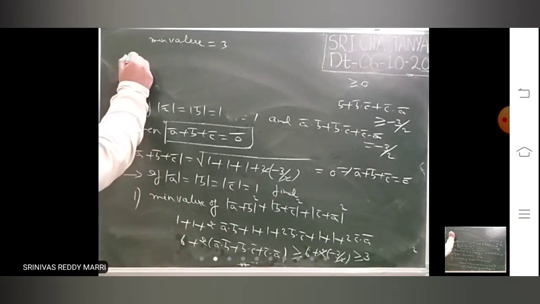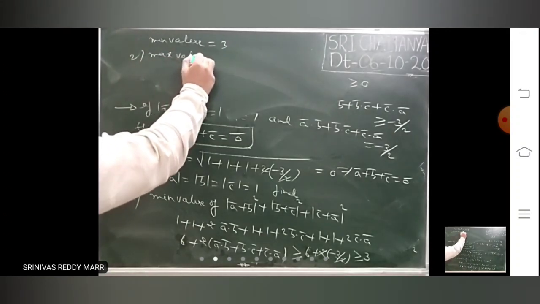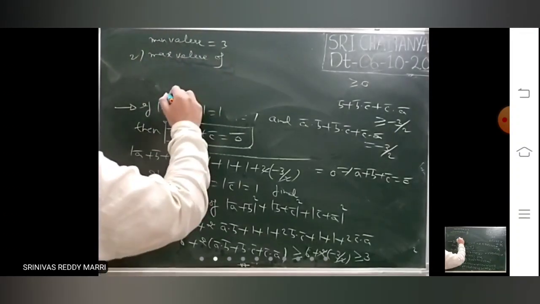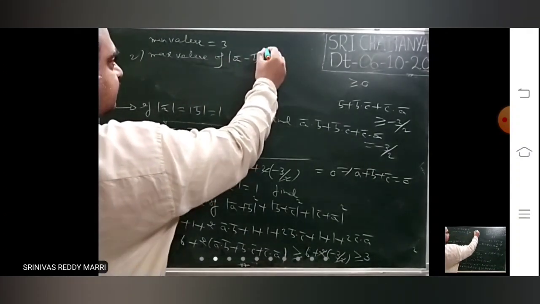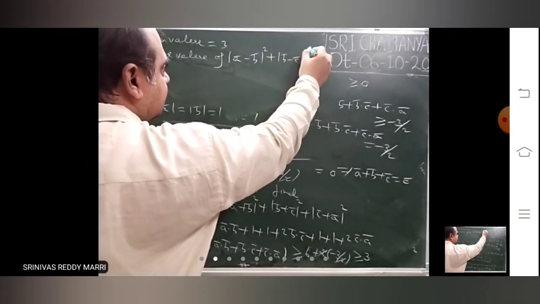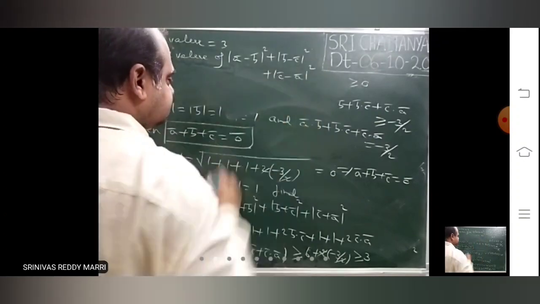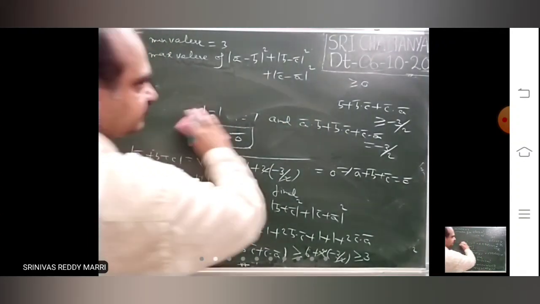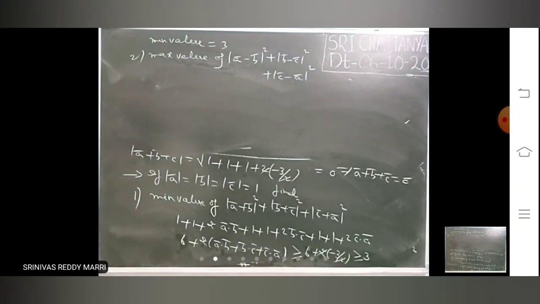Minimum value. Suppose second question: maximum value of modulus of a bar minus b bar whole square. So suppose you need to calculate the maximum value.